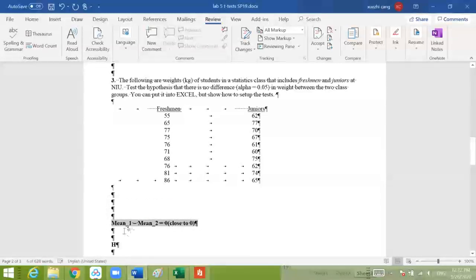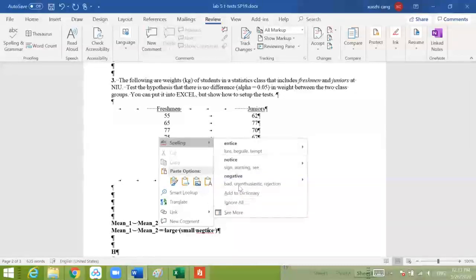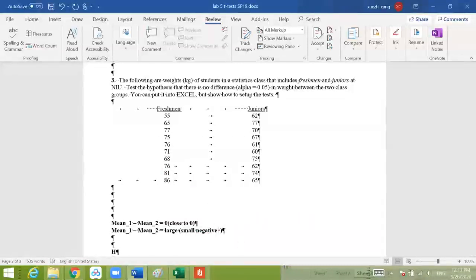If there is a difference between mean 1 and mean 2, then their difference should be a large value, or it should be a very small negative value. Right?